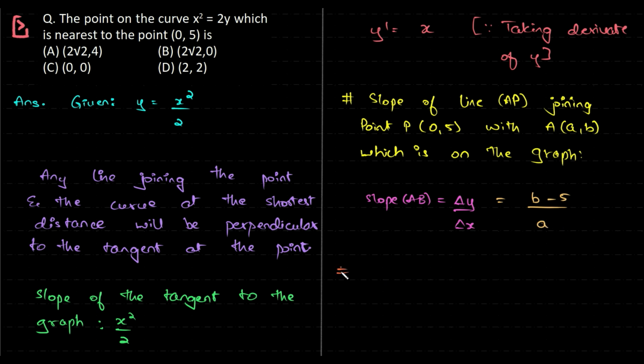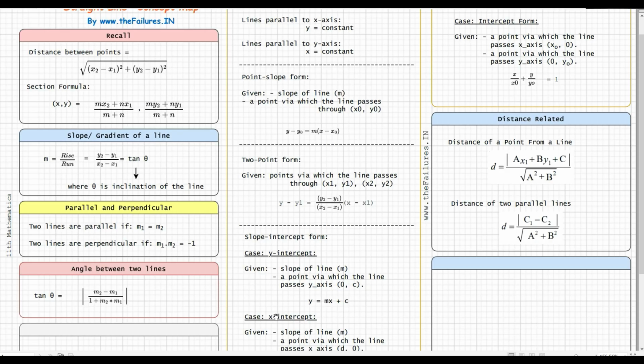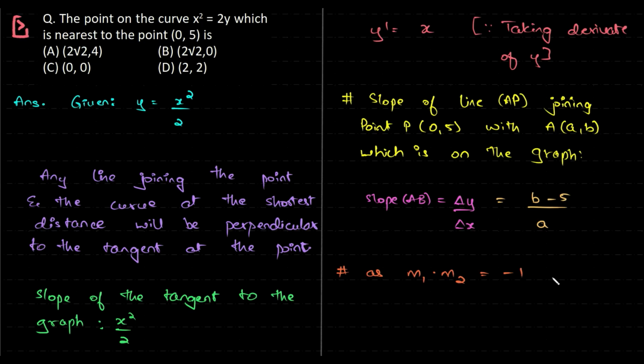The product of the slopes of two lines which are perpendicular is equal to minus 1. So m1 into m2 is equal to minus 1, for lines which are perpendicular.